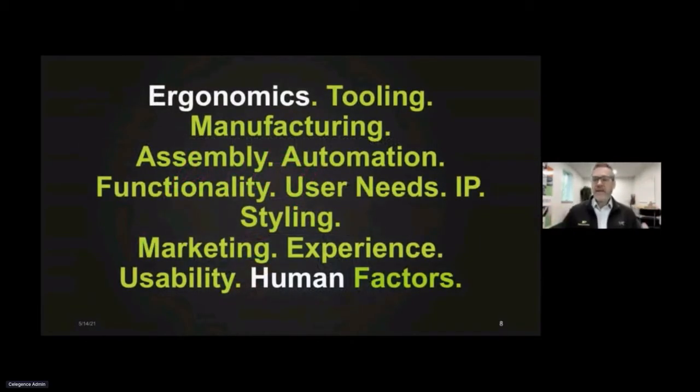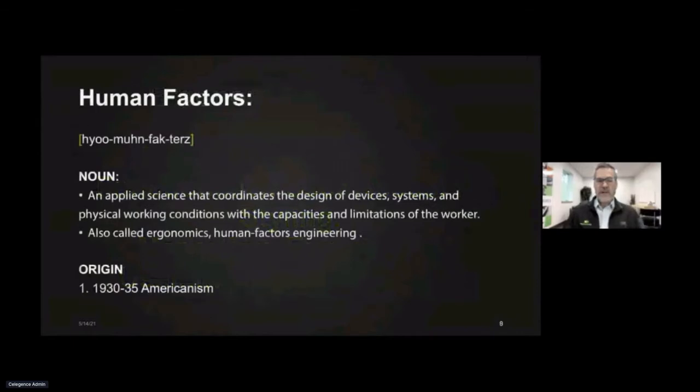When we embark on this path of developing something, there's a ton of things that we have to think about as designers, engineers, developers. But when it comes to human factors engineering, two of the most important are the ergonomics and the human side of things. Human factors is all about the capacities and limitations of the user. The definition of human factors is an applied science that coordinates the design of the devices and things with the working conditions, with the capacities and limitations of the worker.